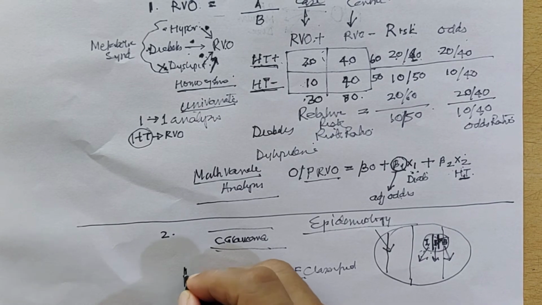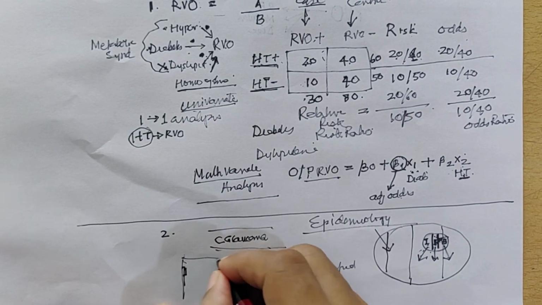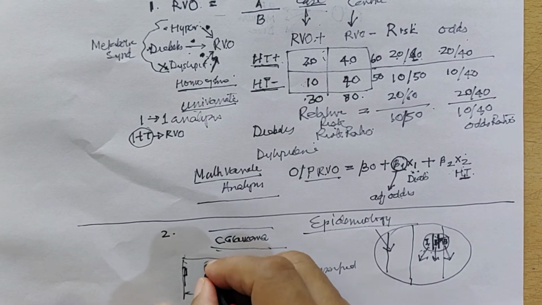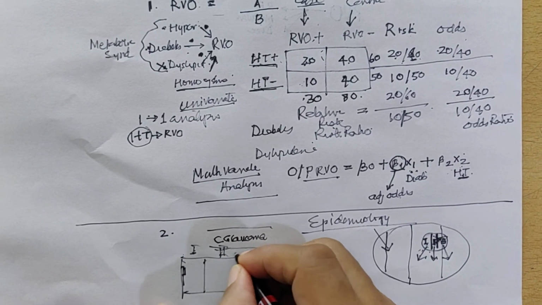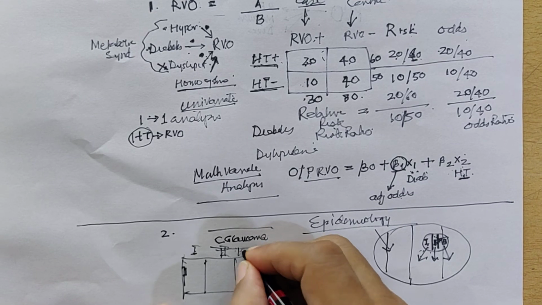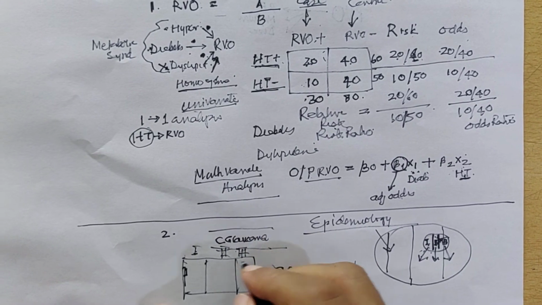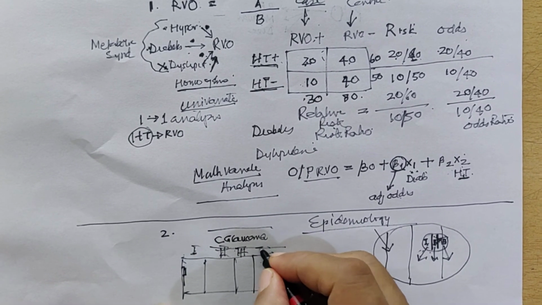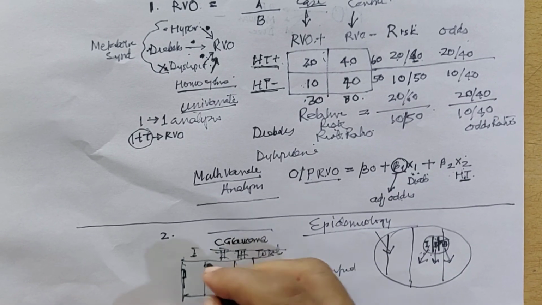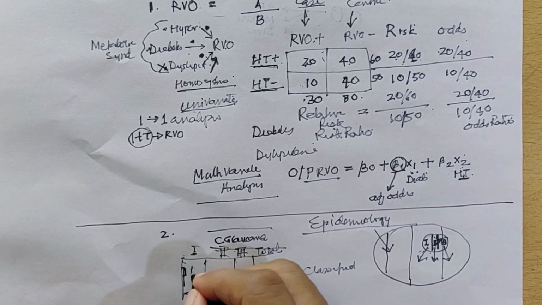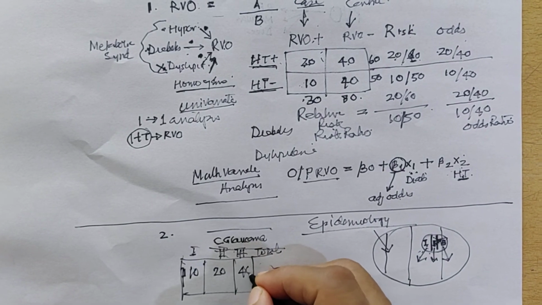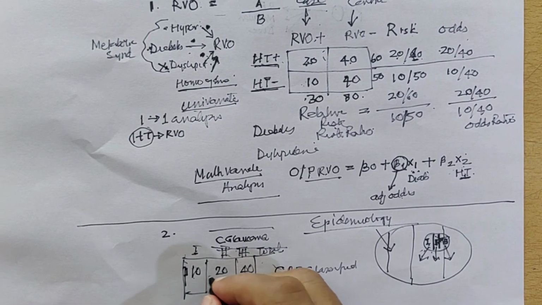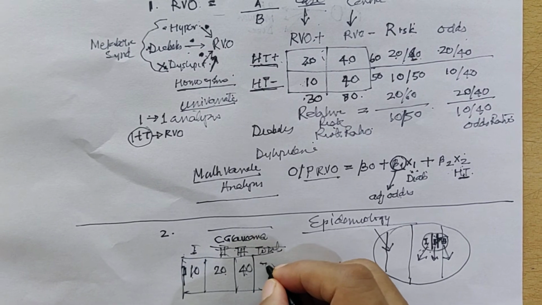supposing this is the table, this many had 1, this many had 2, this many had 3, and this is the total. So let us say 10 had this, 20 had this, 40 had this, and the total is 70.